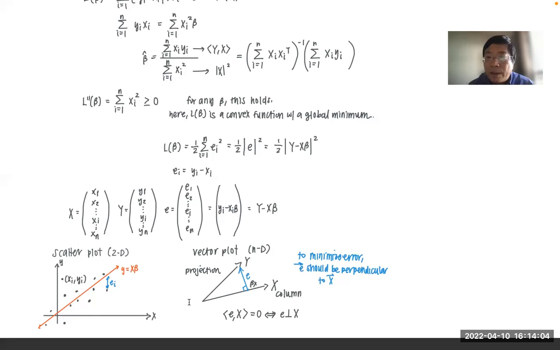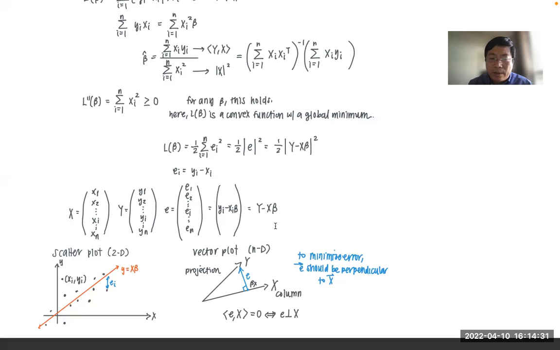But for linear regression, another, probably even more fruitful, point of view is a vector plot. That is, we have those n-dimensional vectors, and we plot them in the n-dimensional space. So x is a vector and y is another vector, and e is the vector that is the difference between y and x beta.